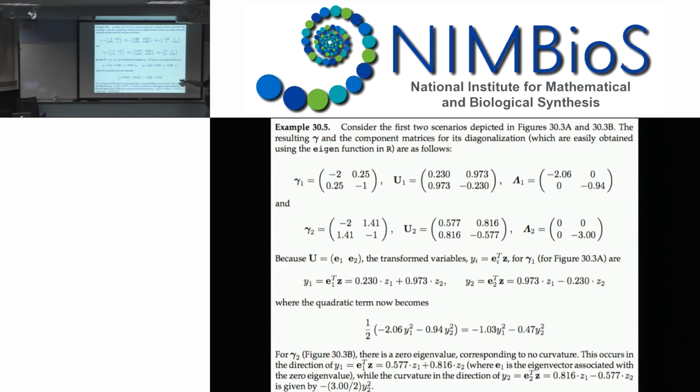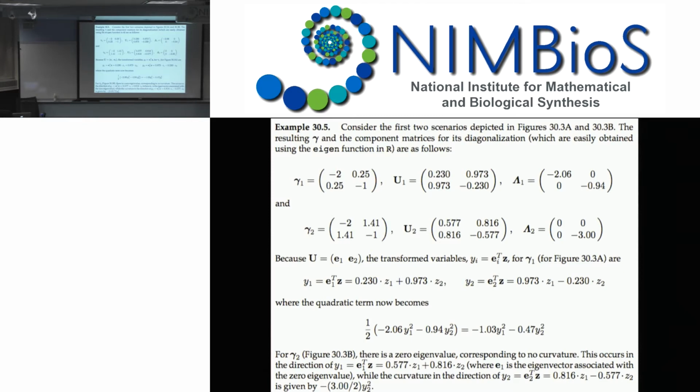What about the second gamma matrix? We'll call it gamma 2, where now the off-diagonal element is here. Here is the first combination, so y1 is 0.58 times trait 1 plus 8.2 times trait 2. That direction has a slope of 0. The second, y2, is 0.82 times trait 1 minus 5.8 times trait 2.